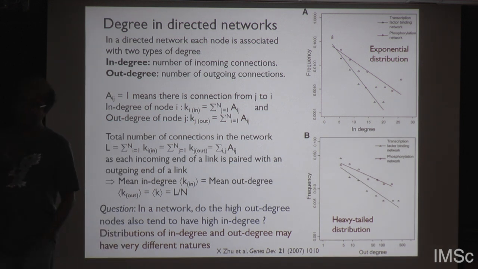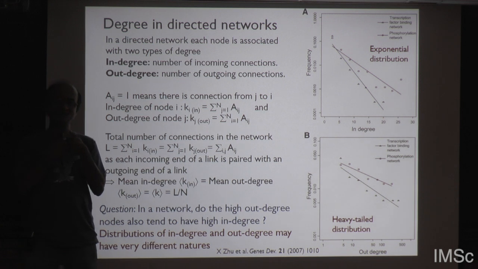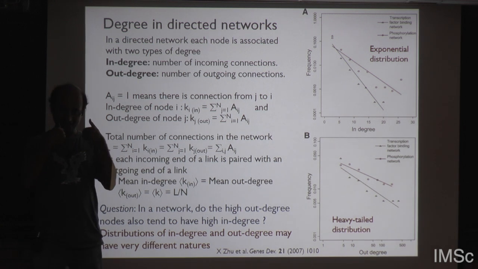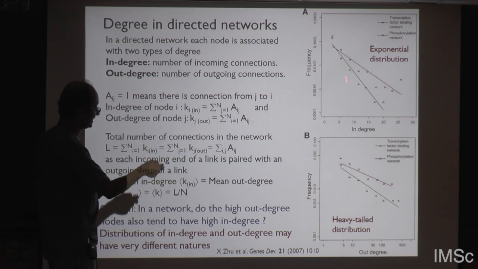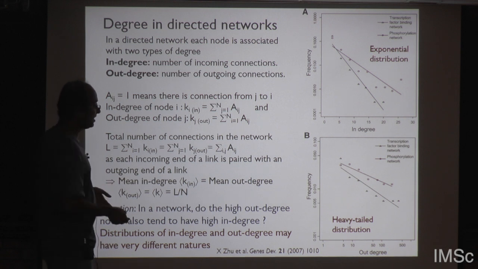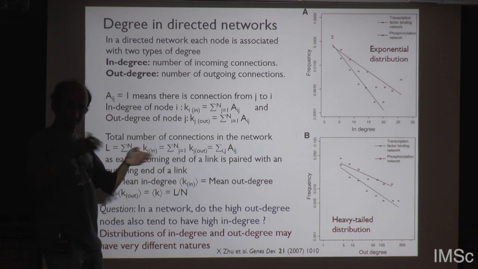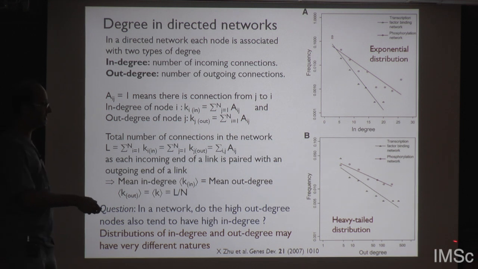Okay. So think about it. It means that typically the number of incoming connections has a very narrow range of variability. Typically the number of incoming connections would vary from 5 to 25. But the number of outgoing connections, the number of connections you could give out to other nodes, has a huge variability.